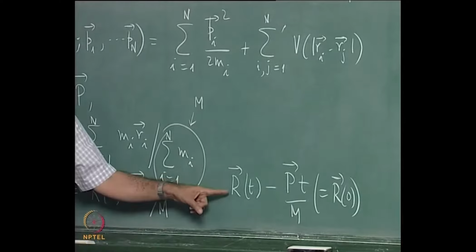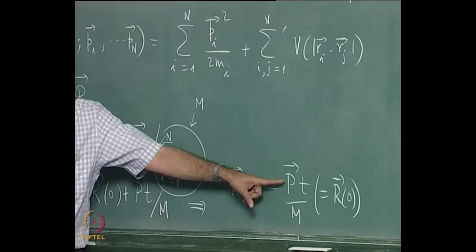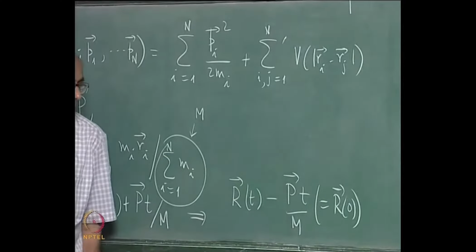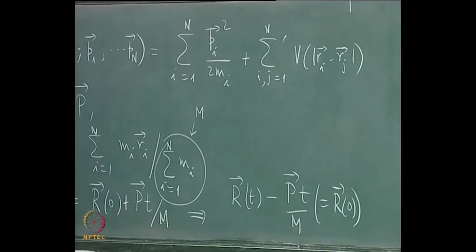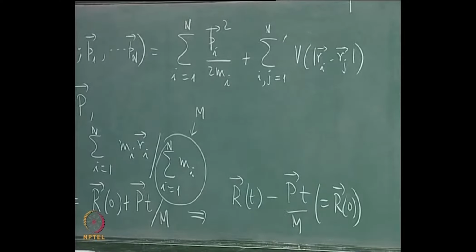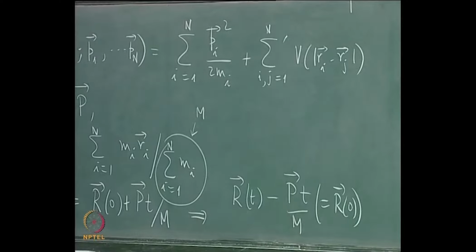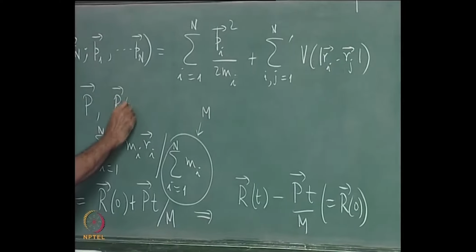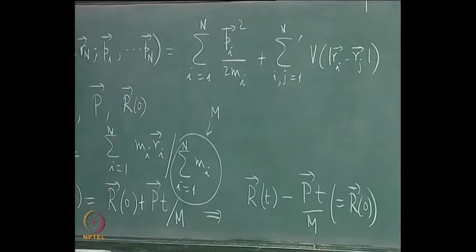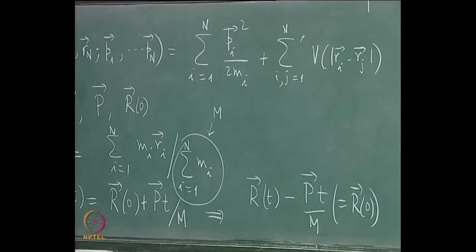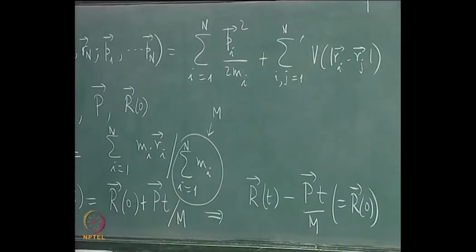So this set of three coordinates minus this combination P t over M are constants of the motion, another vector constant of the motion. Let me write that down here as R of 0. These are really dynamical variables, and that combination is constant in time.